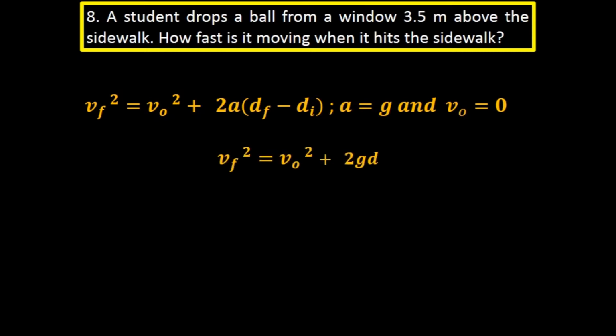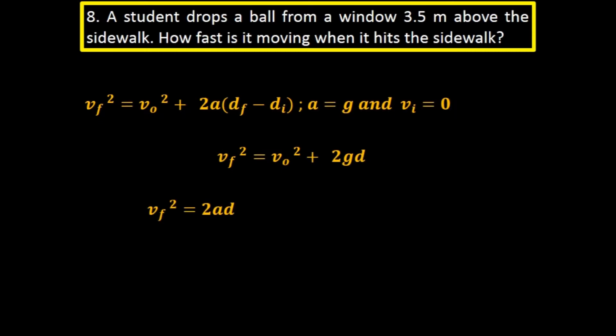A equals G because it's vertical. It's going down, so we're going to say it's plus 10 meters per second squared or plus 9.8 meters per second squared, and take the square root of both sides. You get VF equals root 2AD as your answer to that.